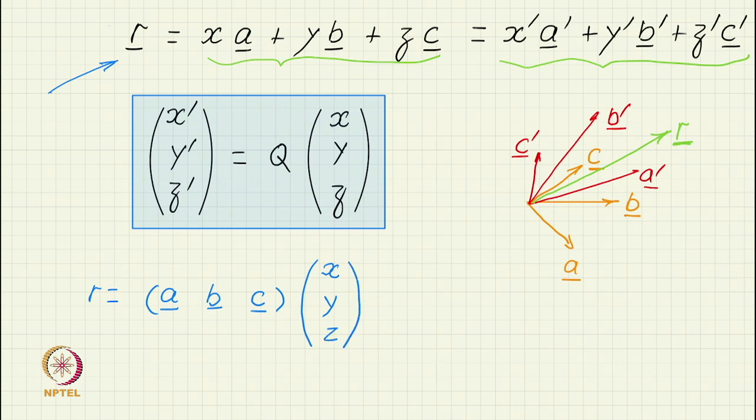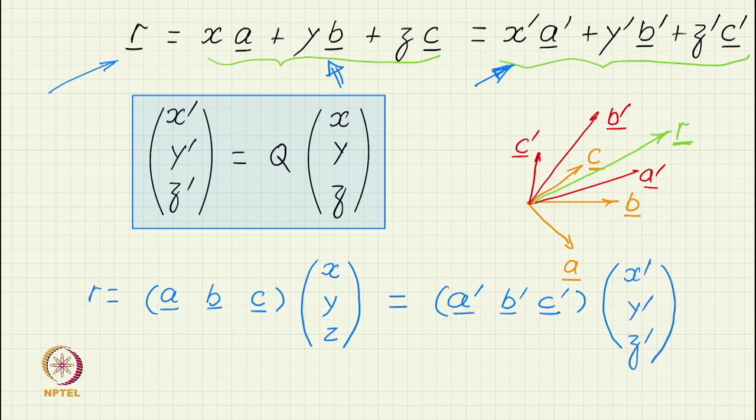So, if we apply the matrix multiplication rule, we will get the expression for R in terms of A, B and C. But since it is the same vector being expressed in a different coordinate system, we can now write the second equality as A prime, B prime, C prime as my row vector and x prime, y prime, z prime as the column.